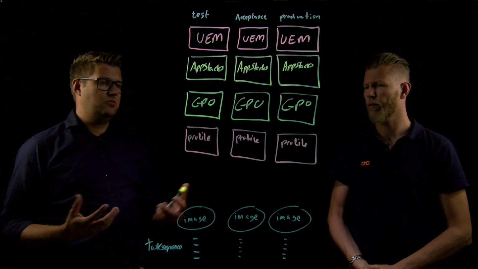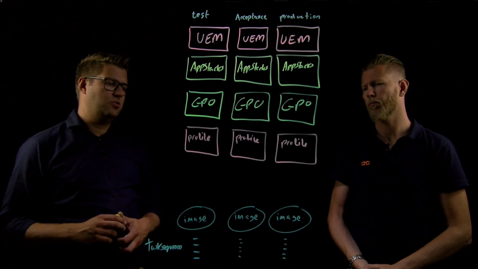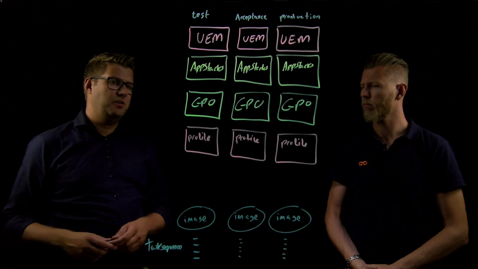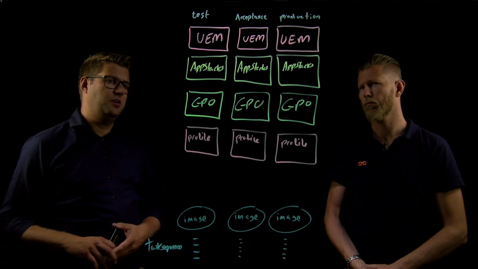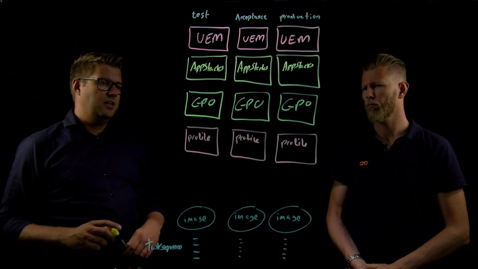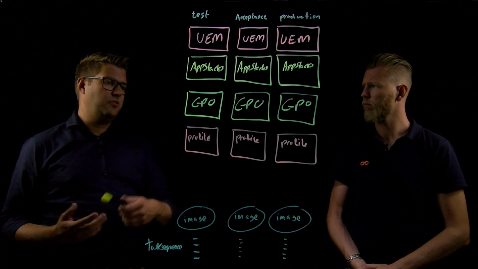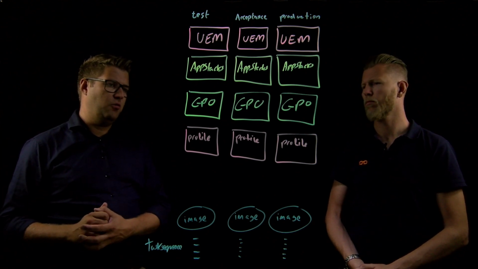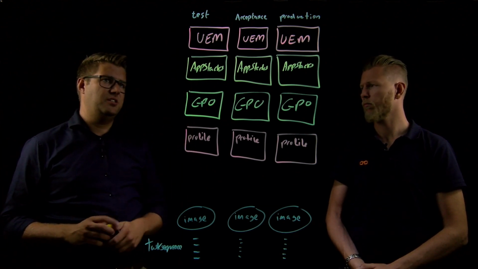But to make your environment more resilient or to leverage GPOs you created in other parts of your environment, we do still see GPOs. So I drew the GPOs in here as well, and this is specifically true if you're using a mandatory profile. Then you want to have that specific mandatory profile also in your application set.